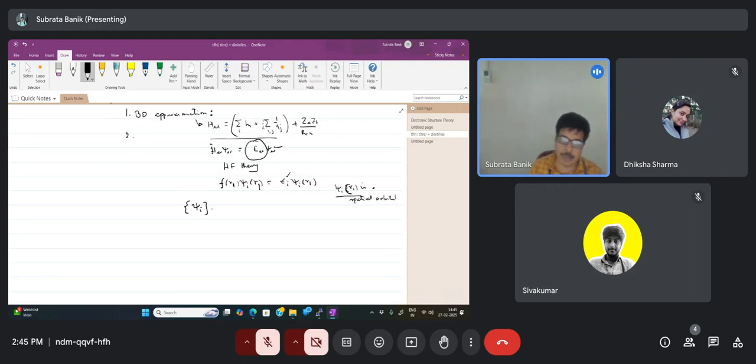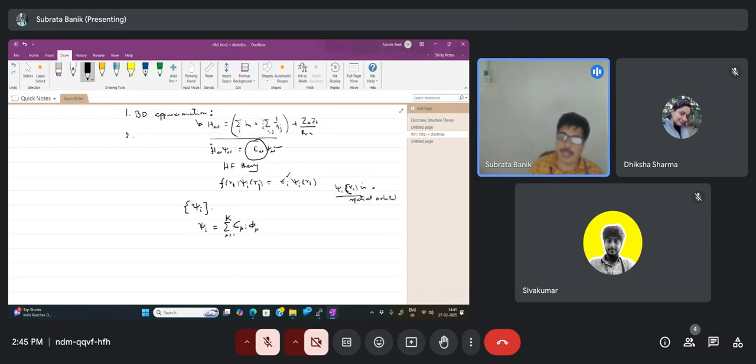So how do we write it? We have written psi_i as a linear combination, the sum of C_mu_i phi_mu, with mu equal to 1 to a predetermined number of atomic orbitals. If I have a water molecule, I'll take some orbitals for hydrogen and some orbitals for oxygen.